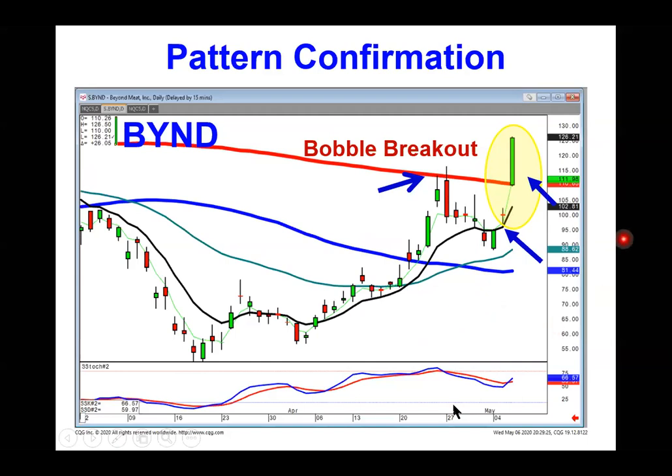A lot of people say, well, don't you take into consideration any of the fundamentals of a company? And the answer is no, because prices do not move based upon fundamentals. How many times have we seen situations where a company has absolutely no fundamentals and it's skyrocketing?